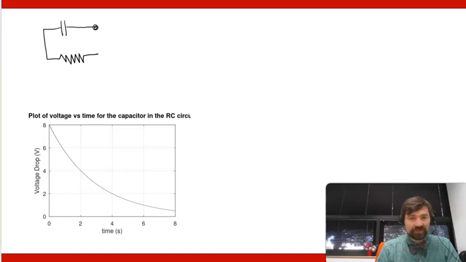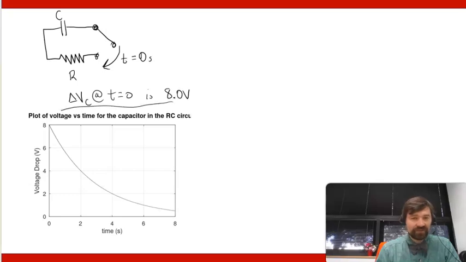There may be a switch, for example, that closes at time t equals 0. We have resistor, we have capacitor, and we basically have delta VC at t equals 0 is, in this case, 8 volts. And we can see that on the graph because here's time 0 and here we are at 8 volts.